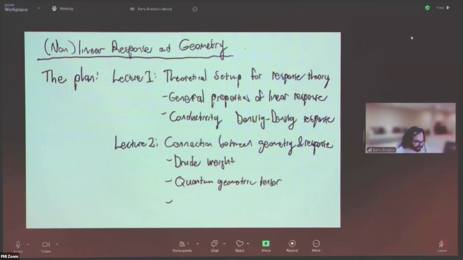And the third is the connection between conductivity and density-density response and an information theoretic measure of geometry called the quantum Fisher information. So this is what I want to walk you all through.